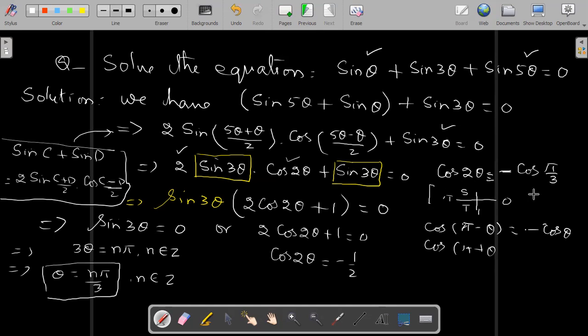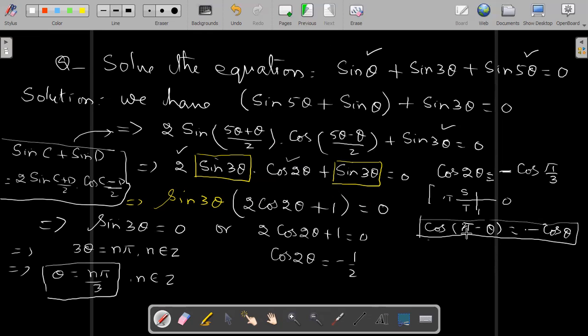So we have to take the values which are less than this. If you add pi, it will become 4 pi by 3. If you subtract pi, it will become 2 pi by 3. So we will adopt this formula, cos(pi minus theta) equals minus cos theta, in reverse order.